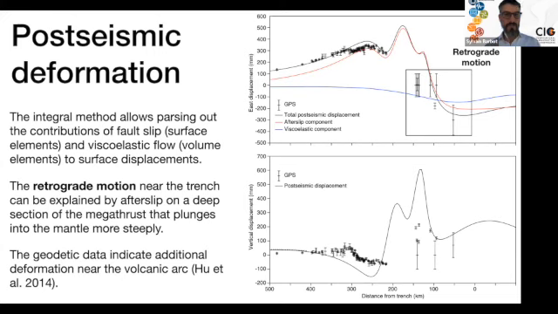And so there's some complexity here in the simulations to parse out what is seismic and aseismic. And you can see that there is also additional deformation on land, and that is due to viscoelastic flow below the volcanic arc, as was shown by Hu and others in 2014.